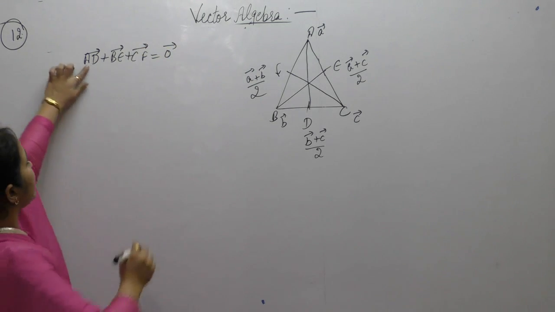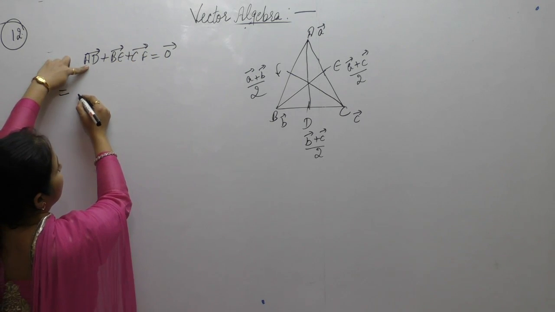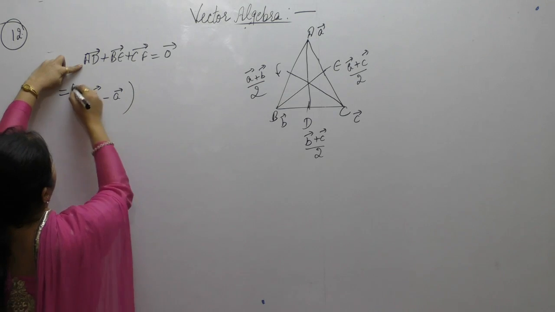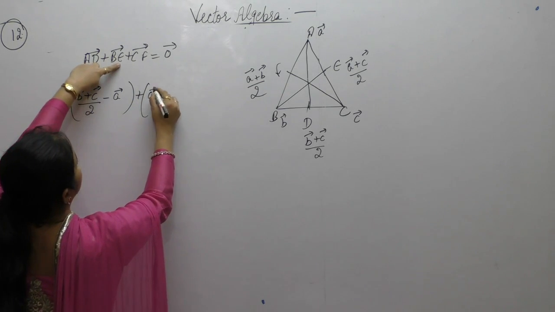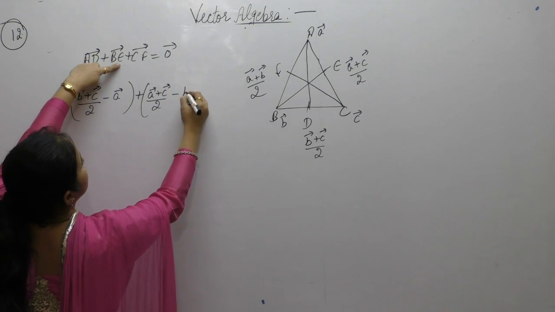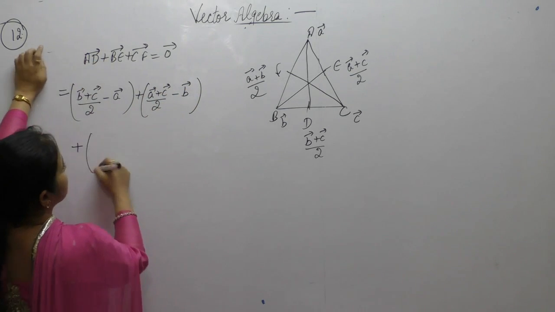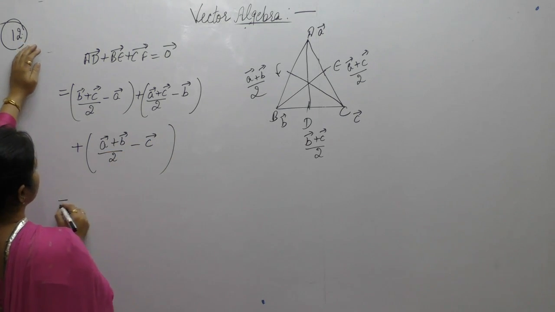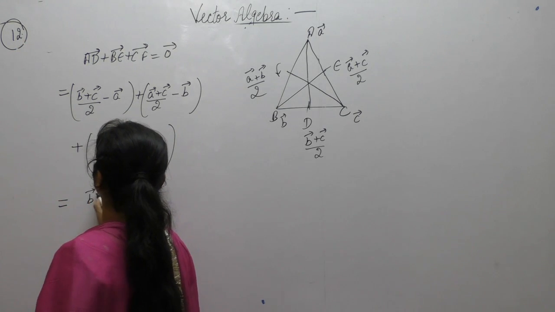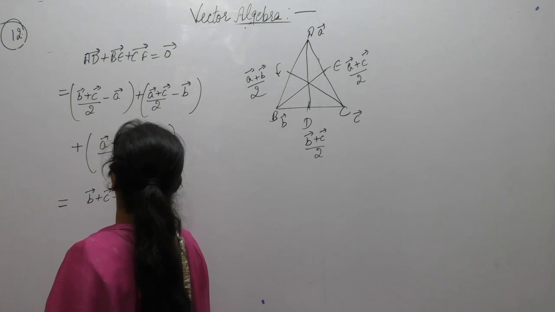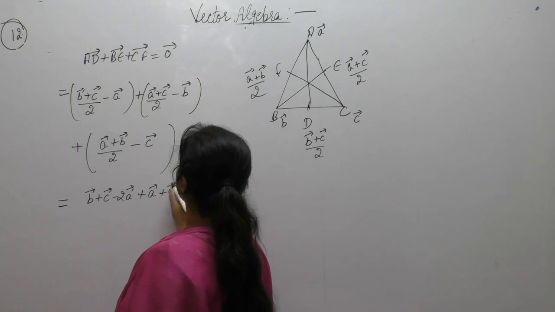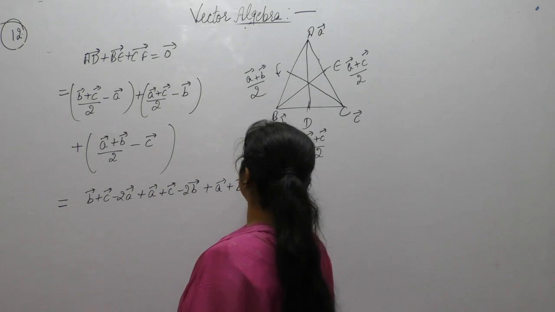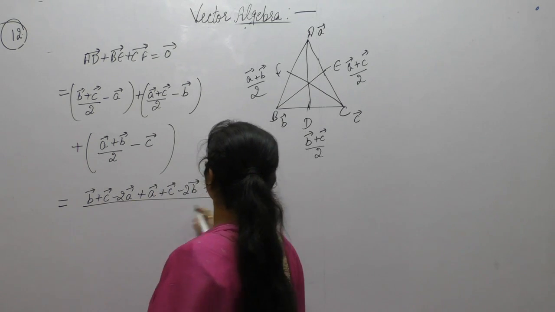Now position vector of AD is position vector of D vector minus position vector of A, position vector of E minus position vector of B plus position vector of F minus position vector of C. So that is B vector plus C minus 2A vector plus A vector plus C minus 2B vector plus A vector plus B minus 2C vector upon 2.